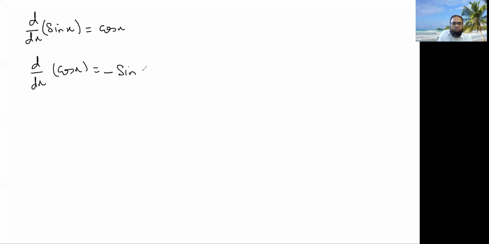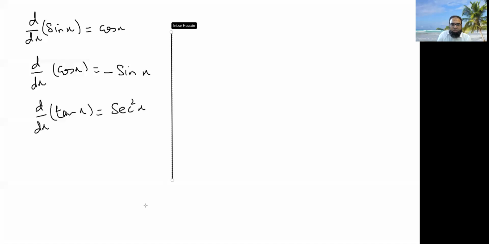And then the derivative of tan x is secant square x. Now there are the derivatives of their inverses as well.